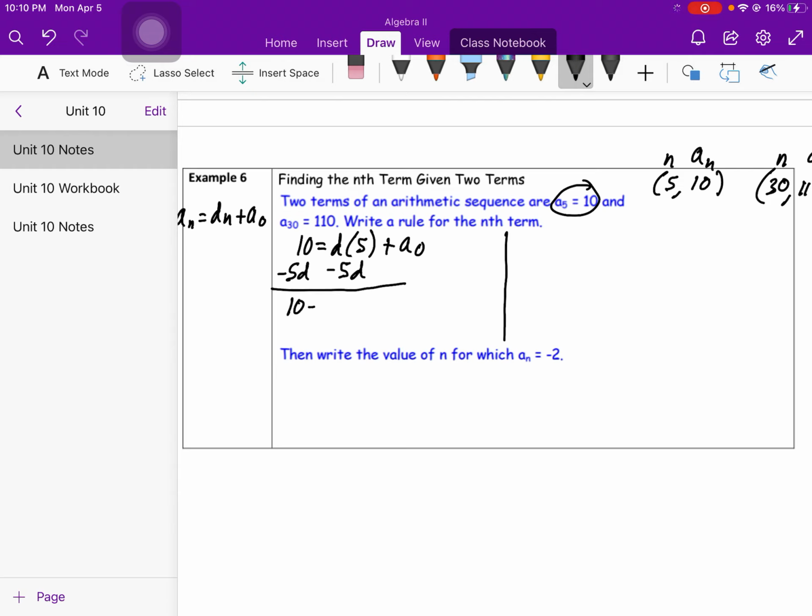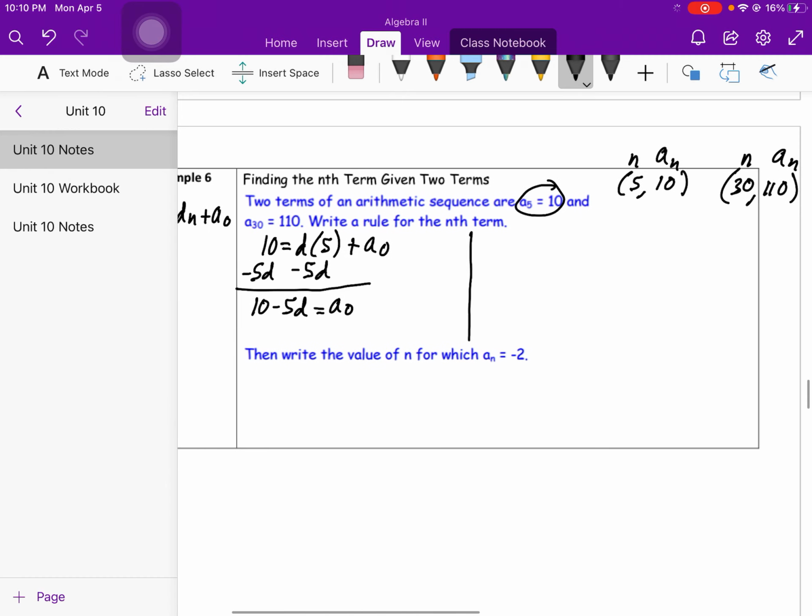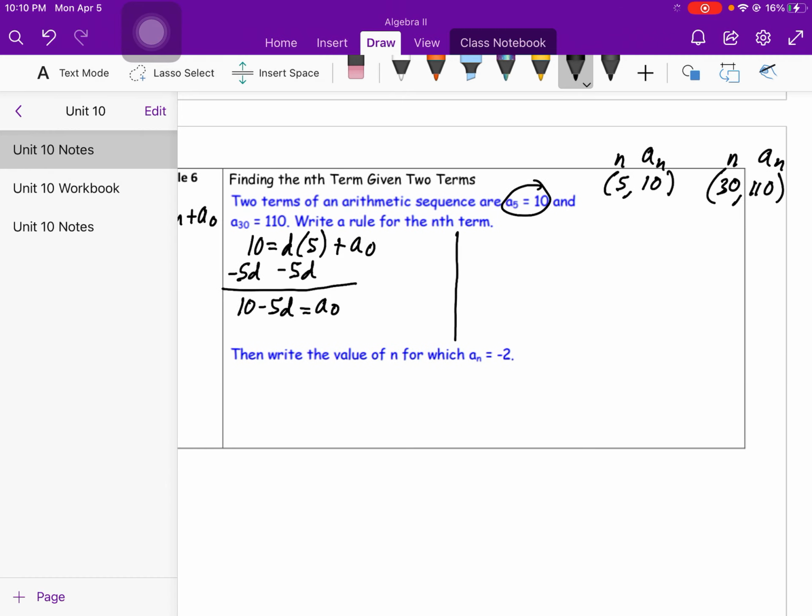So on the left side, we're going to have 10 minus 5d equals a of 0. Then on the other side, now using the second coordinate, 110 equals d times 30 plus a of 0. Just like before, whenever we've had these problems, we take what we solve for on the left side, and we're going to plug it in on the other side.